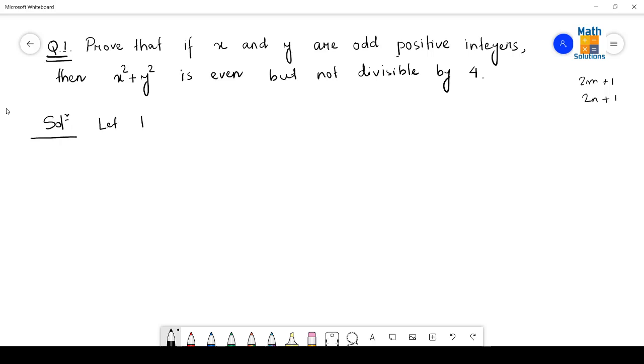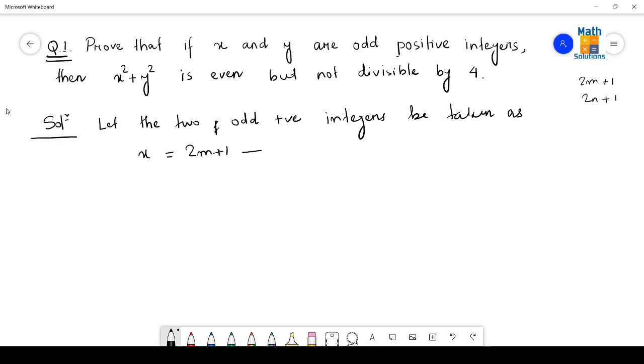Let the two odd positive integers be taken as x is equal to twice m plus 1, and let's mark this as 1, and y is equal to twice n plus 1, which we mark as 2.